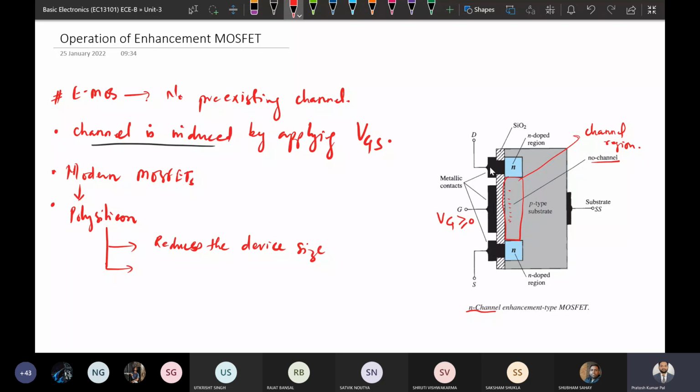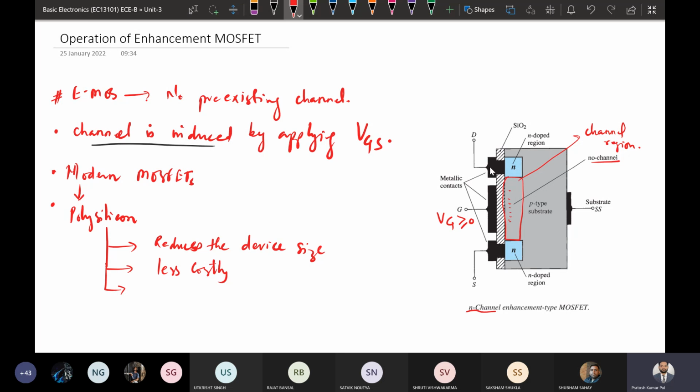Also, polysilicon is less costly than the metals that we would use. And if we are using polysilicon, the fabrication process is simpler than using another metal, like aluminum.